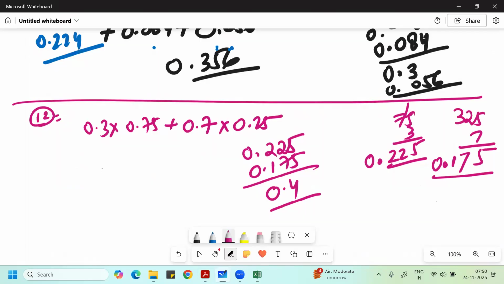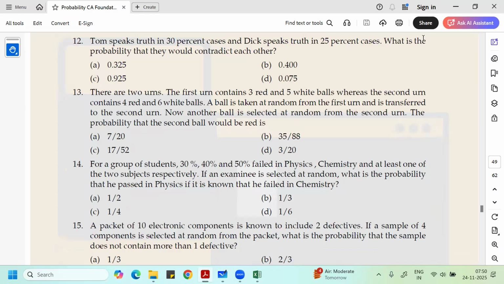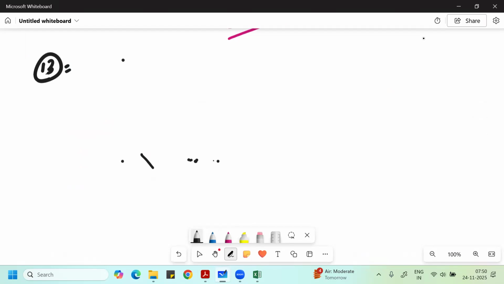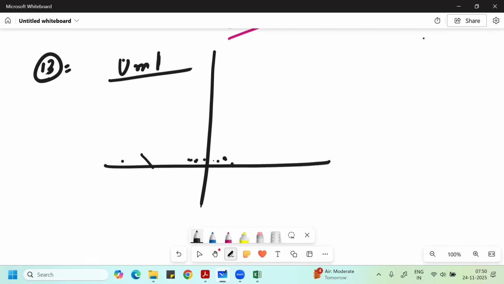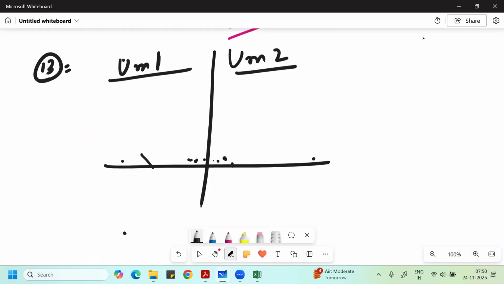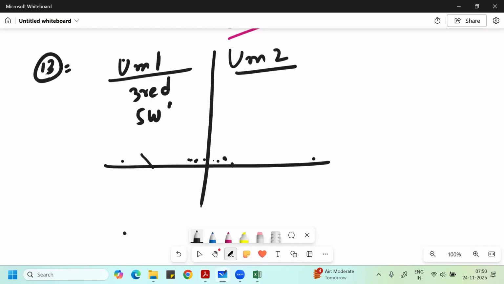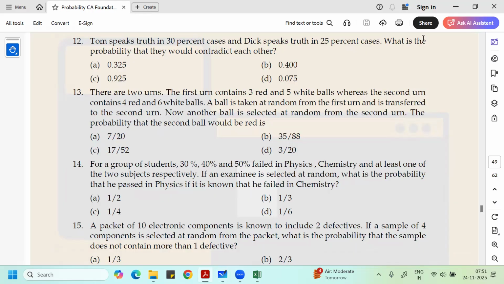Question number 13. There are two urns. Urn 1 contains 3 red and 5 white balls. Then you have urn 2.